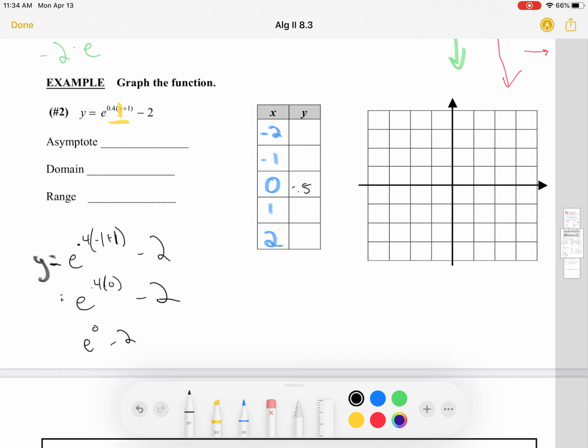Well, any number to the 0 power is 1. So e to the 0 power is 1, minus 2. 1 minus 2, you should get negative 1. Okay, that's the easiest one to do because, again, when we get a 0 power, that makes our life much, much easier.